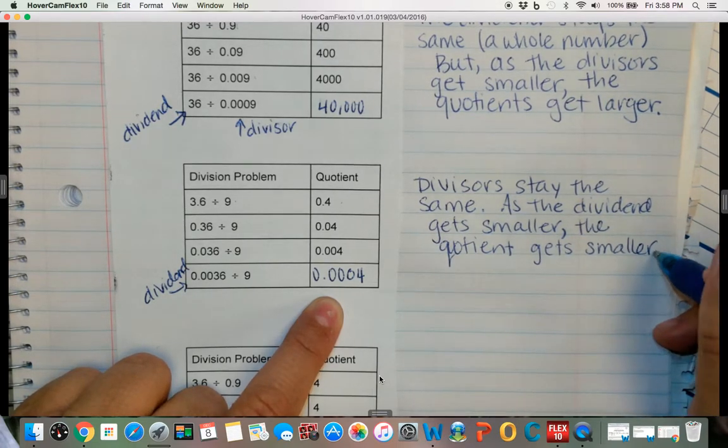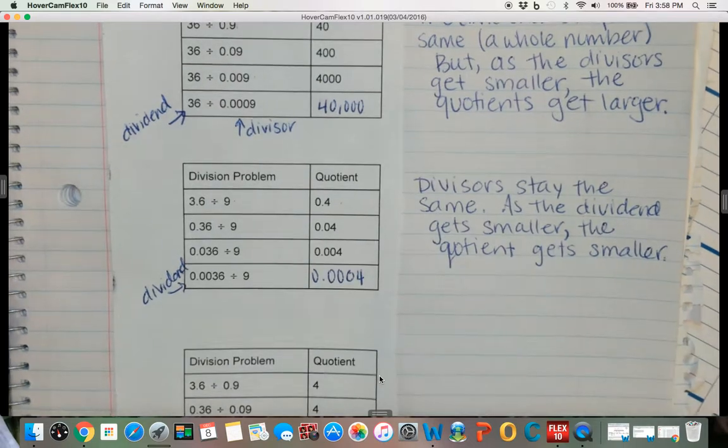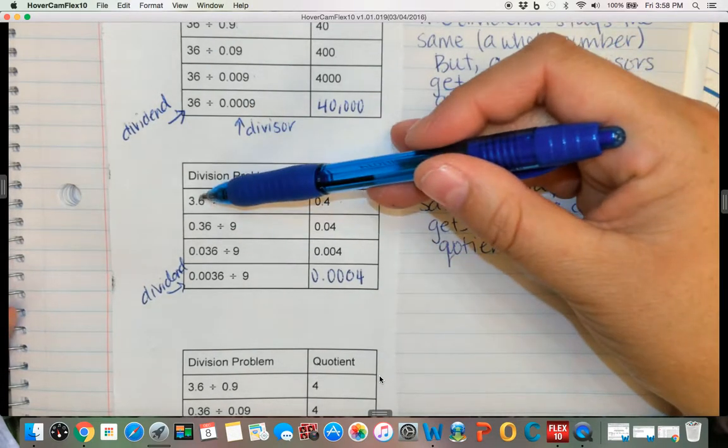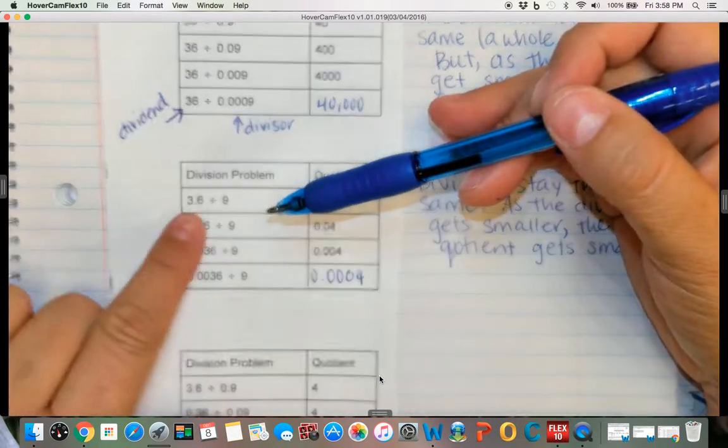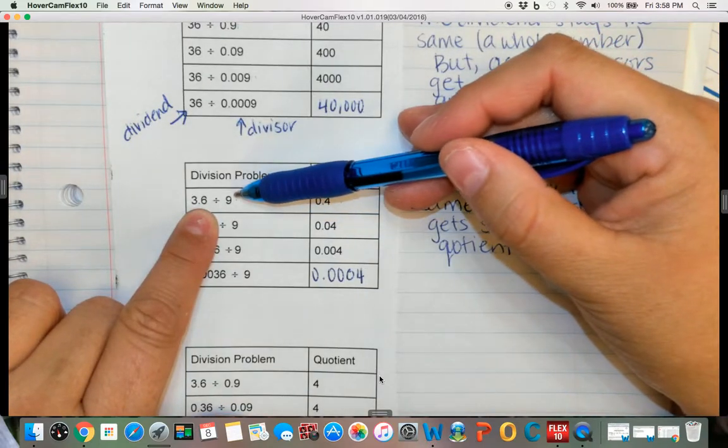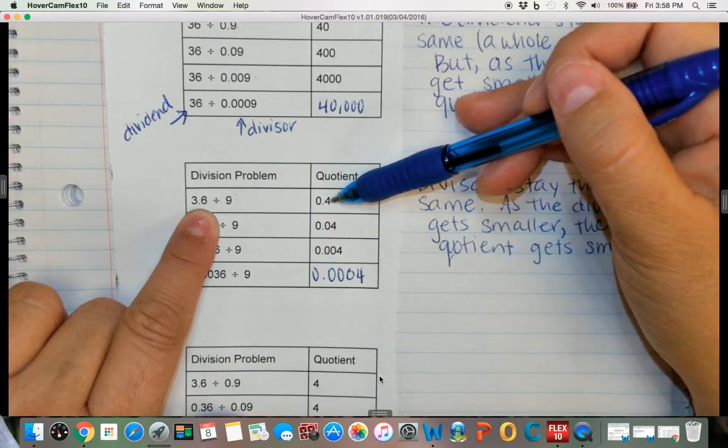And you will notice, kind of like how I said when we multiply a decimal, or we multiply a whole by a tenth, our answer is going to have a tenth in it. Okay? Here I'm dividing a number with a tenth by a whole, and I get a tenth.